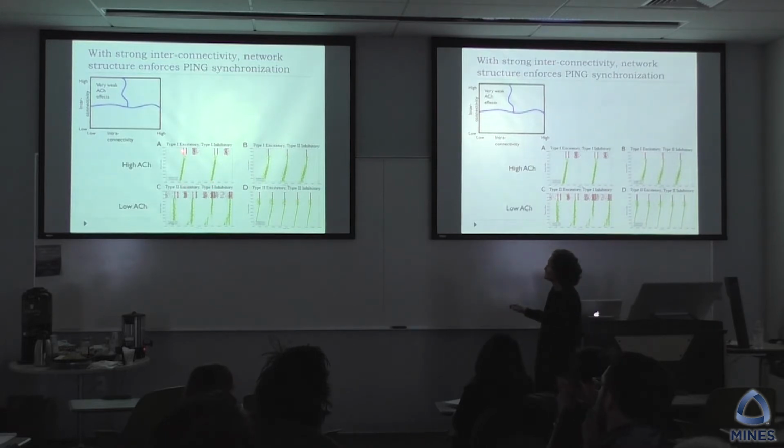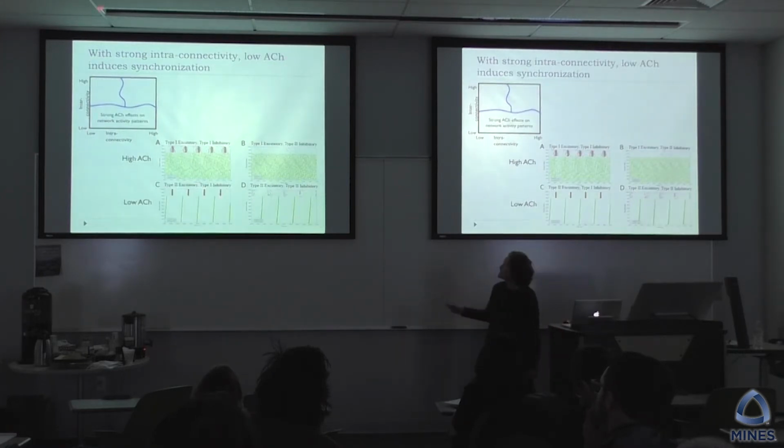Where here the E cells are the green cells and the red cells are the I cells, and basically the E cells are always firing synchronously. Compared to this other region down here, where the interconnectivity is weaker, with varying intraconnectivity, the cell type, what the individual cells wanted to do, had a big effect on whether or not we got synchrony.